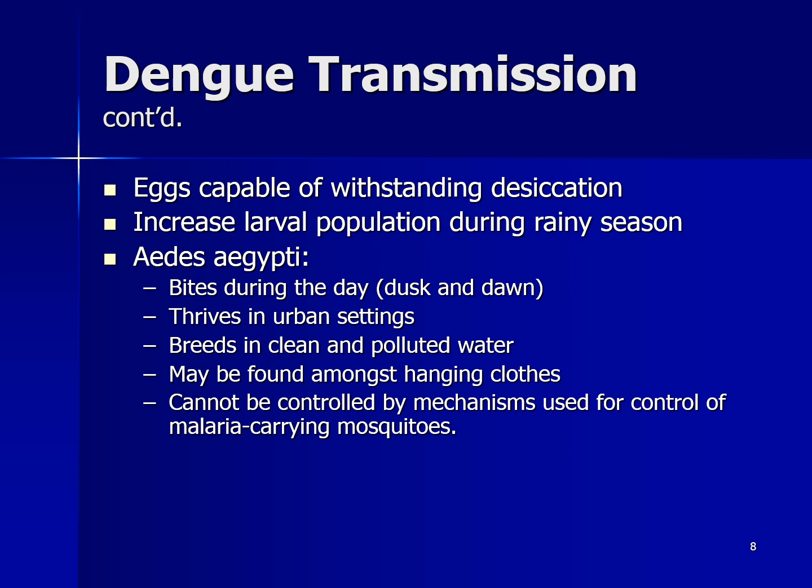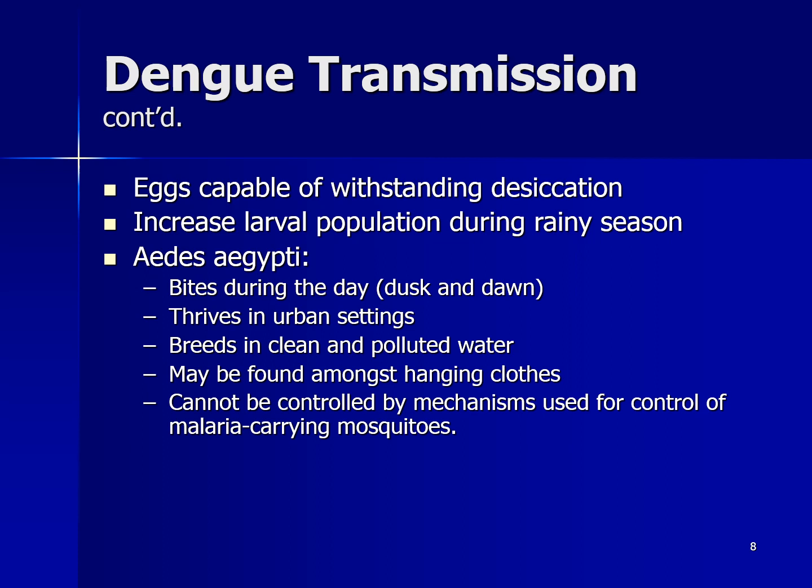So, Aedes aegypti, the particular features, you must know our enemy, of course. If you want to defeat them: it bites during the day, especially at dusk and dawn. It thrives in urban settings, as we have discussed. It breeds in clean and polluted water. So the people need to know, it's the health education that we need to give them, that it's the dengue viral mosquito, and it breeds in clean water as well.